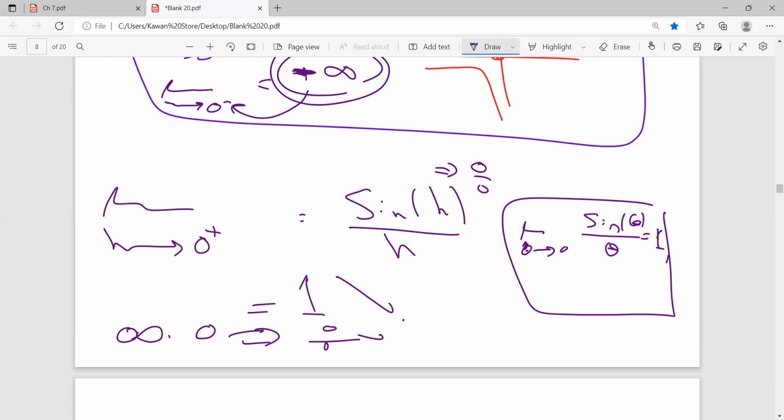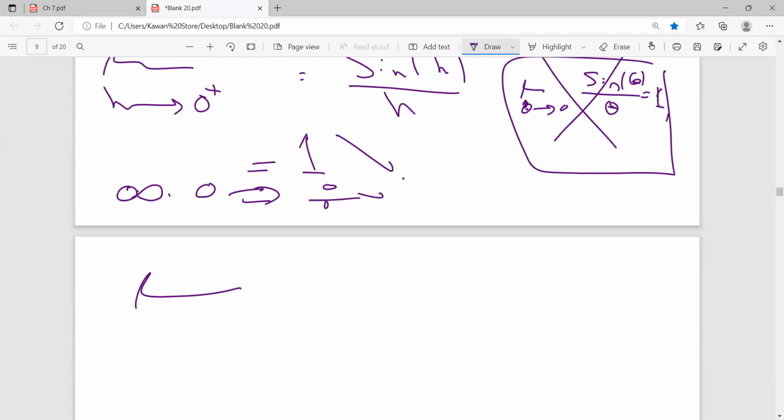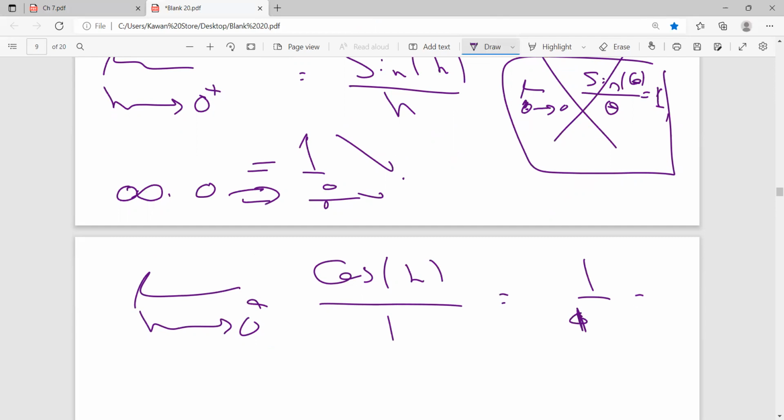We changed the second type to the first type. That will be better. So you can use that one, or you can say h approaches 0, cosine of h over 1 is equal to 1 over 1 is equal to 1. Understood? Good.